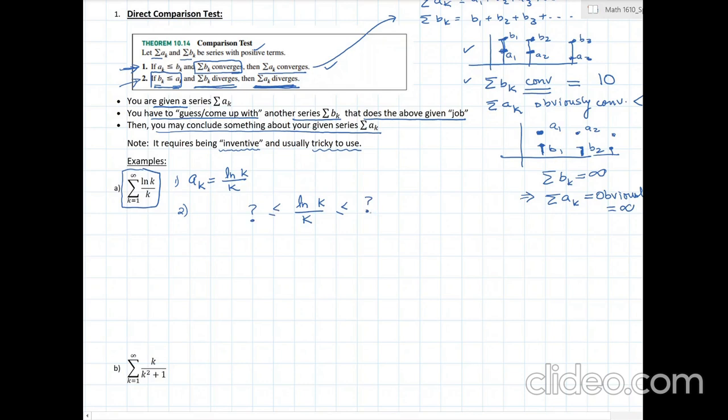Now if I find something on the upper side, so suppose I come up with some bk here, then it only helps if the series bk converges. So only then it helps. Only then it's helpful.